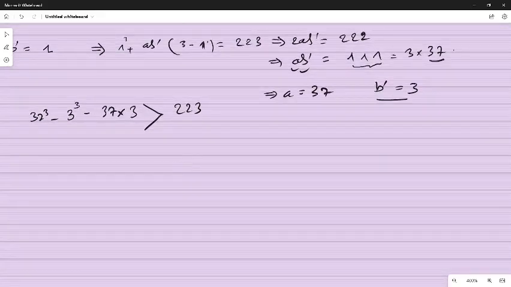Now we'll take a minus b prime equals 2.